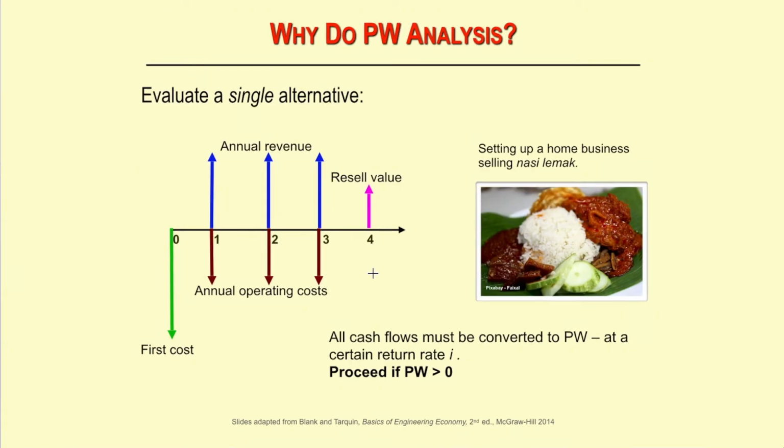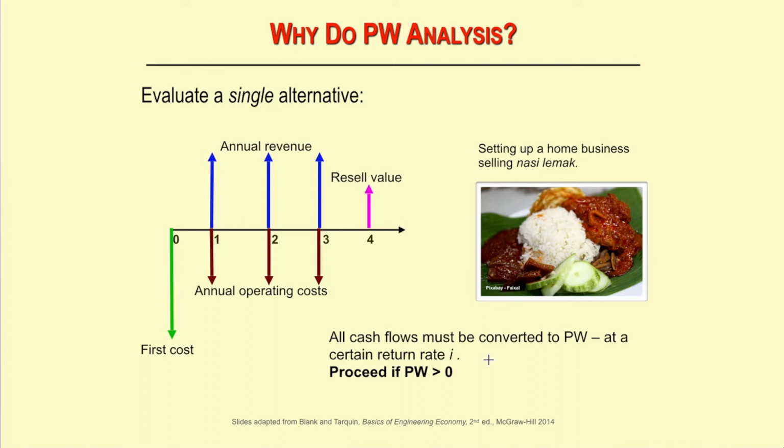By applying present worth analysis, you can determine if this proposed business is economically justified and if it can meet a certain target rate of return, I. In the present worth analysis, all these cash flows are converted into a present worth value at a certain target rate of return.